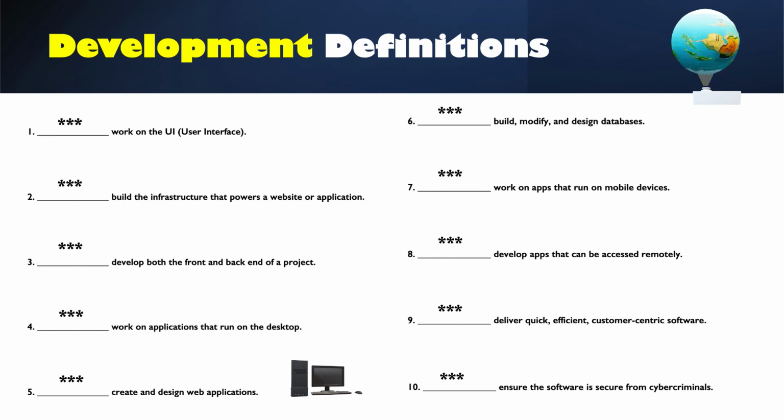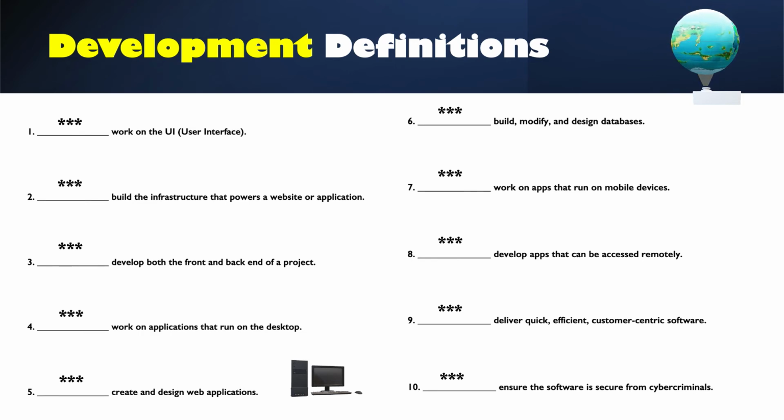And number 4, desktop development, work on applications that run on the desktop. 5, web development, create and design web applications. 6, database development, build, modify, and design databases. 7, mobile development, to work on apps that run on mobile devices. 8, cloud development, develop apps that can be accessed remotely.